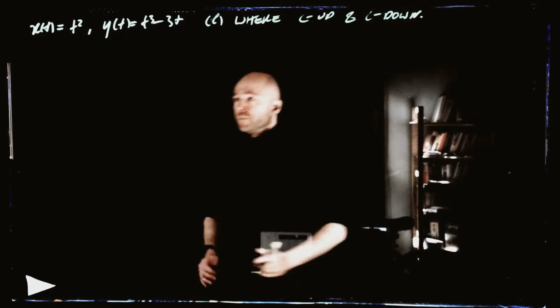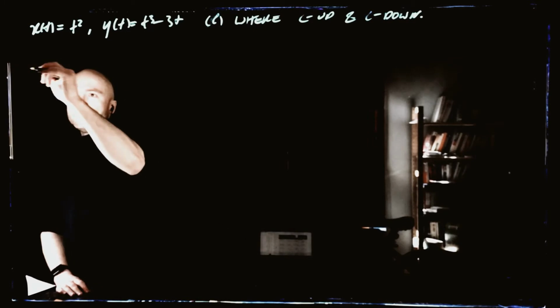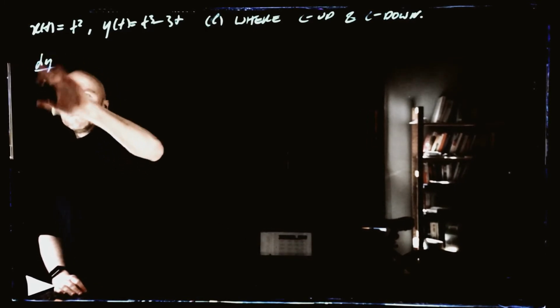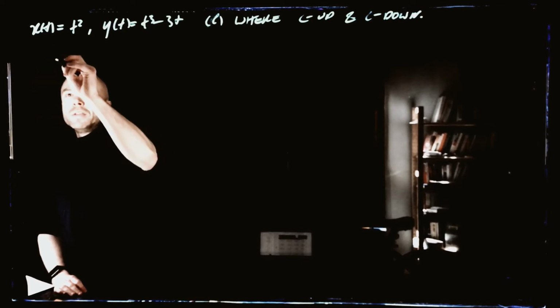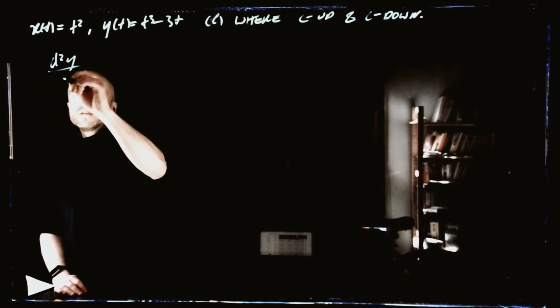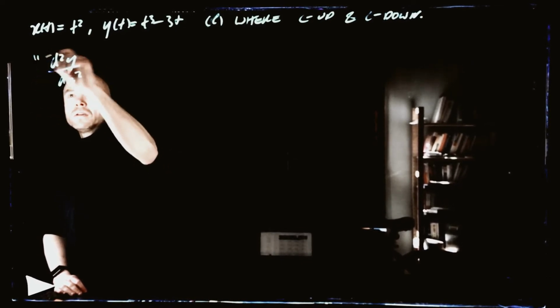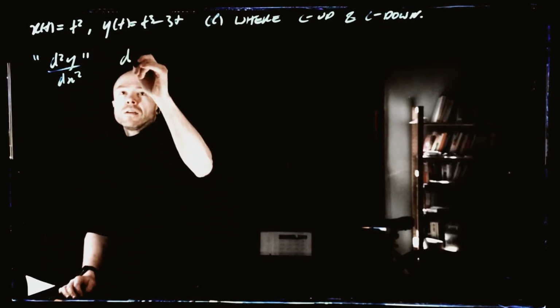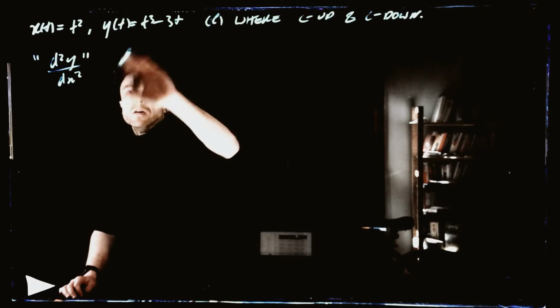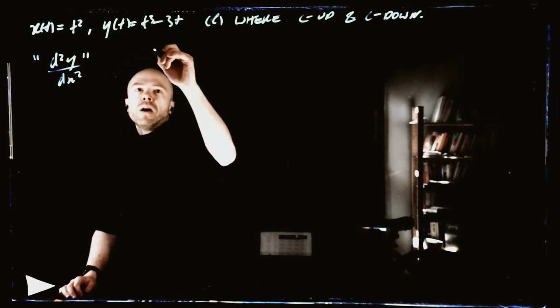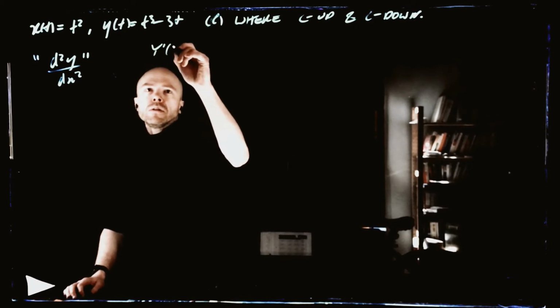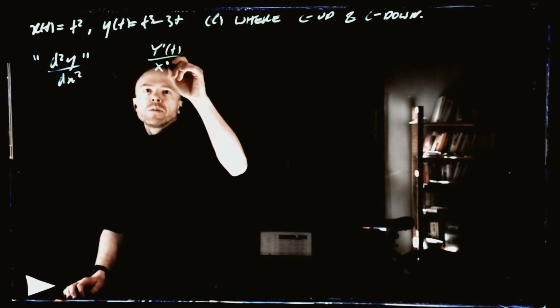All right, so we've learned that the second derivative, which I'm going to put in quotation marks, d squared y by dx squared, this is what we get when we take the ordinary slope, which is given by y prime of t over x prime of t.